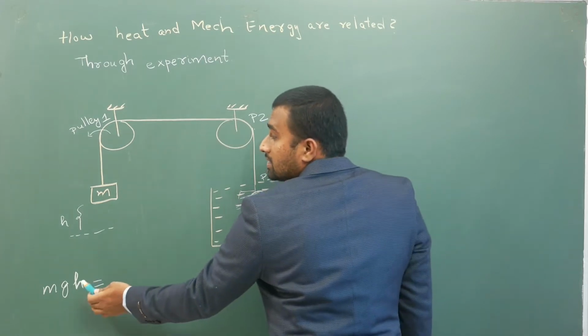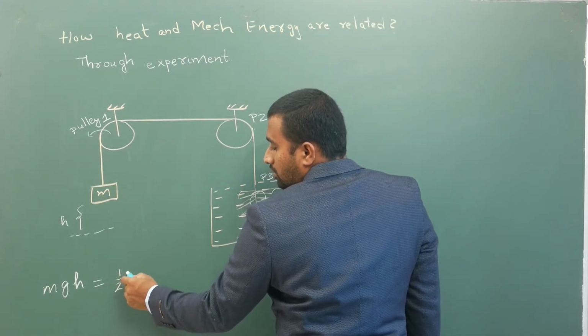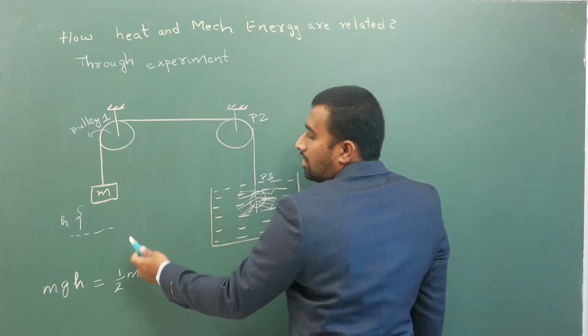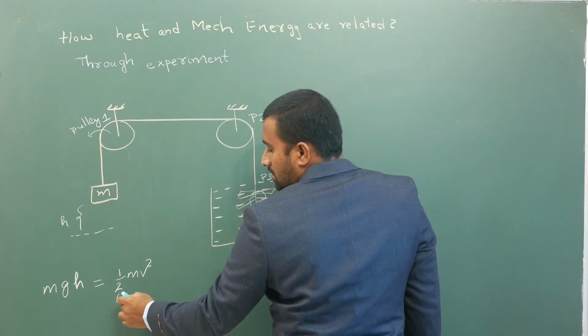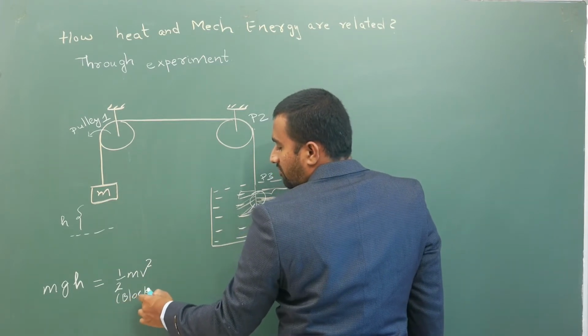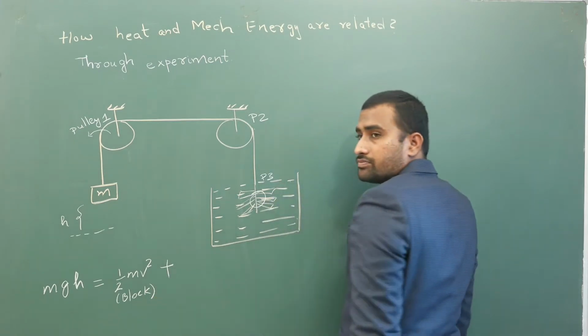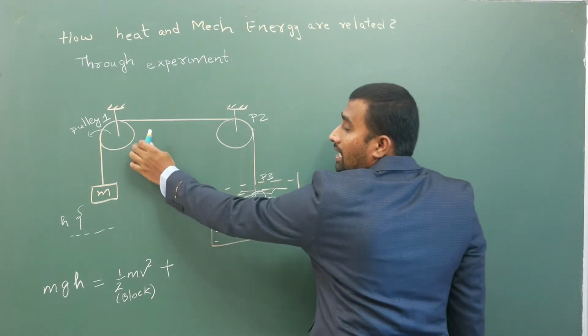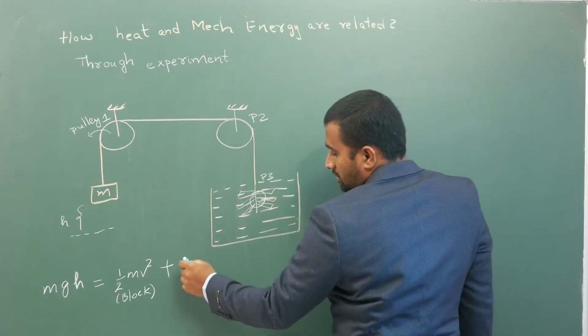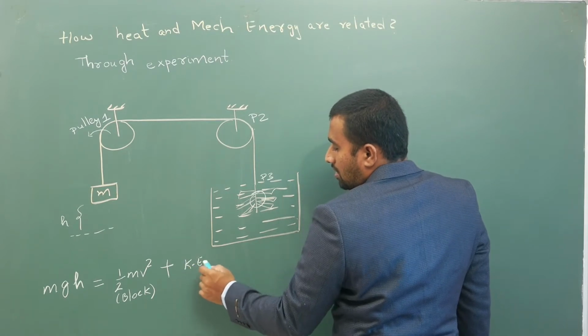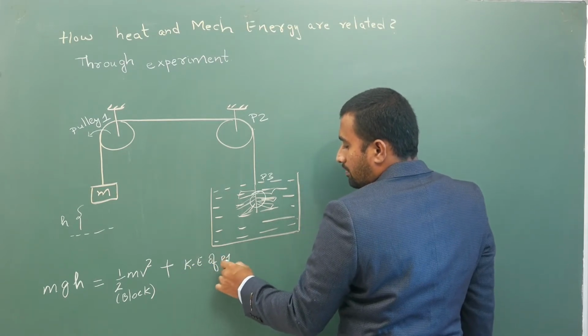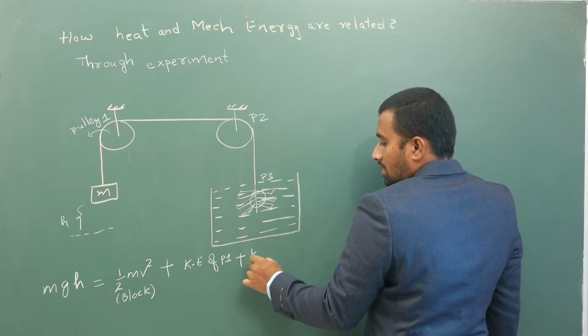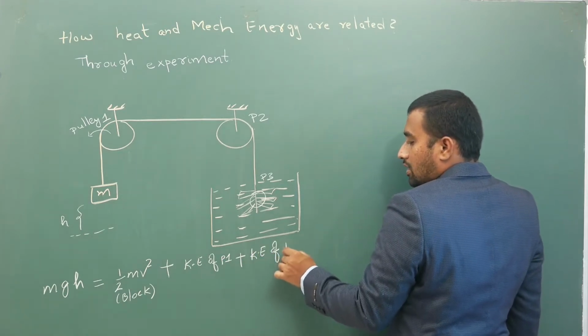Now this energy loss will be distributed to the kinetic energy of this block, plus for the pulleys you will have rotational kinetic energy: the kinetic energy of pulley P1, plus the kinetic energy of pulley 2.